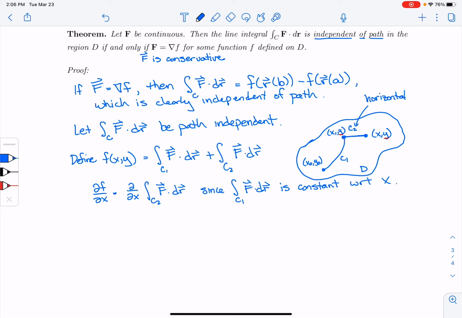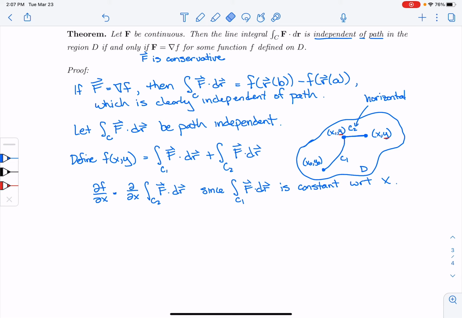The endpoint for this path C1 is x1, and it doesn't depend on x. So only C2 depends on x. C1 depends on some intermediate point x1. So the derivative of that first integral is going to be 0. So the derivative of f with respect to x is just the derivative of the second integral.